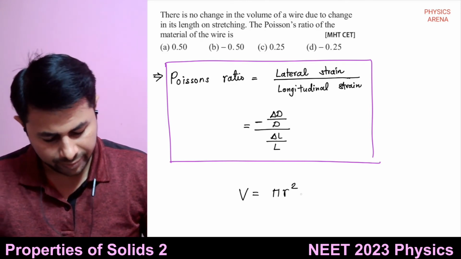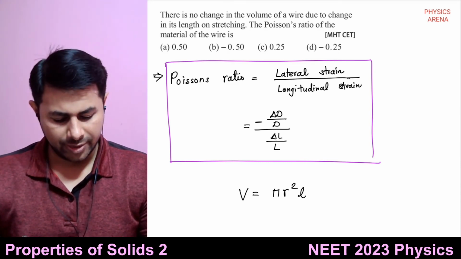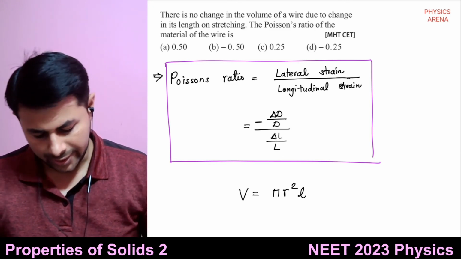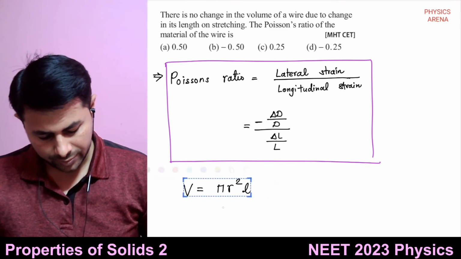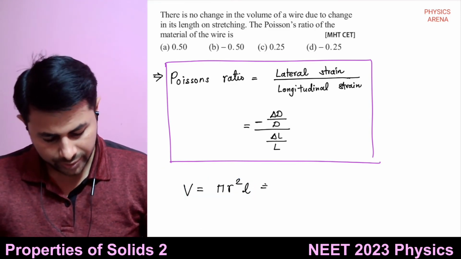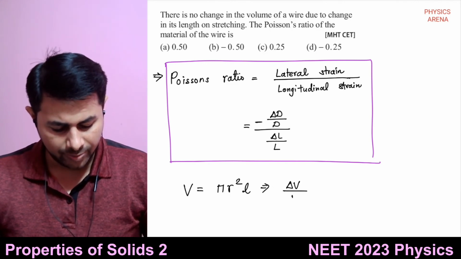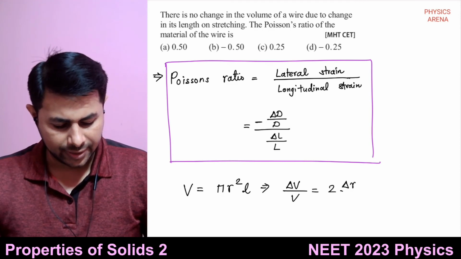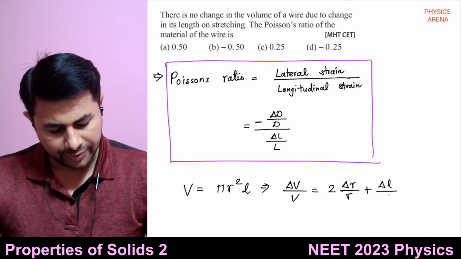Pi r square multiplied by L, right? And from units and dimensions, we can write delta V upon V is equal to what? 2 times delta R divided by R plus delta L divided by L.